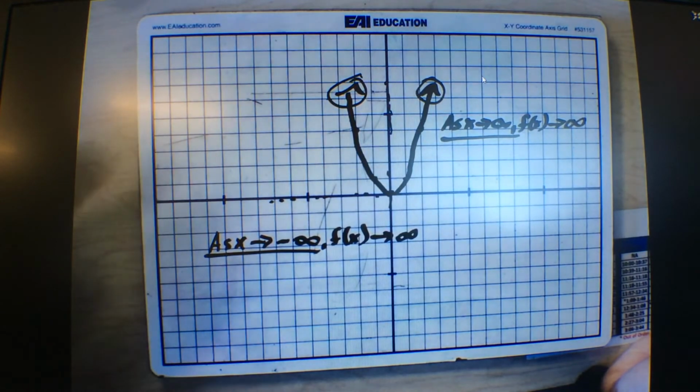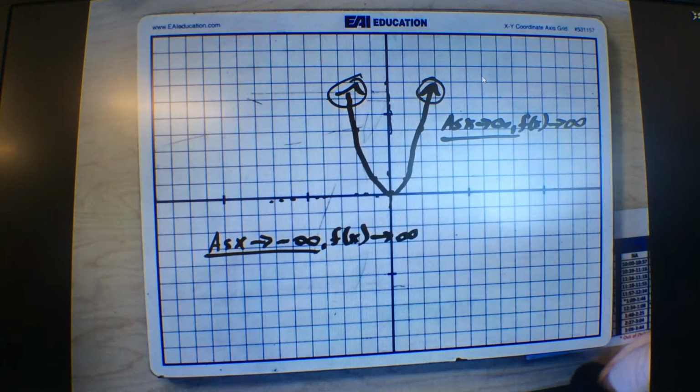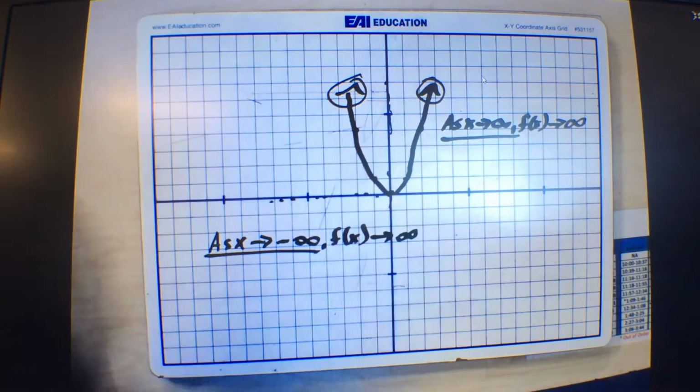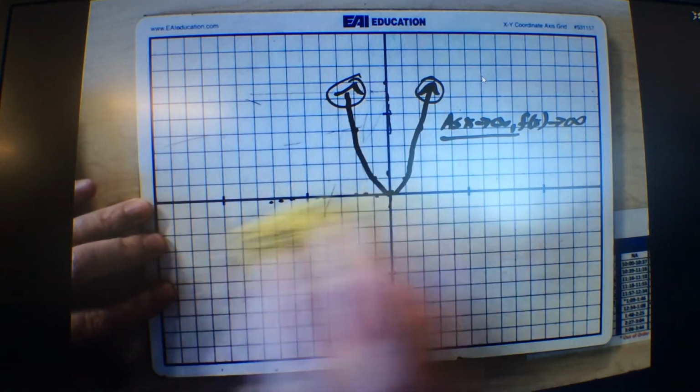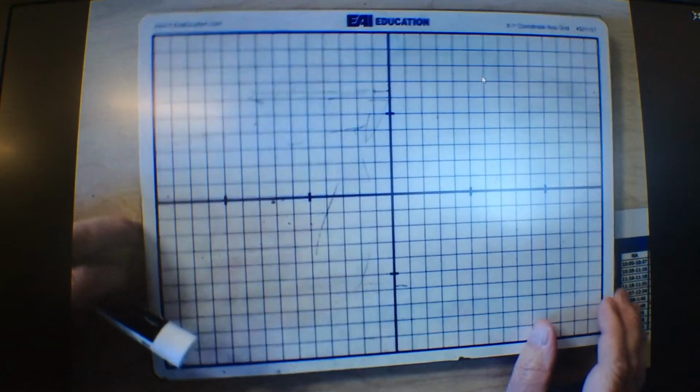You're always going to say x is approaching the left side, what's y doing? And x is approaching the right side, what's y doing? So those two are always going to be the same, Carly. Is that what you meant? Okay, I apologize then. Yes, that is true. Okay? All right, now Carly says, is it always that way? Well, we can do a lot of things. For example, we can do this.